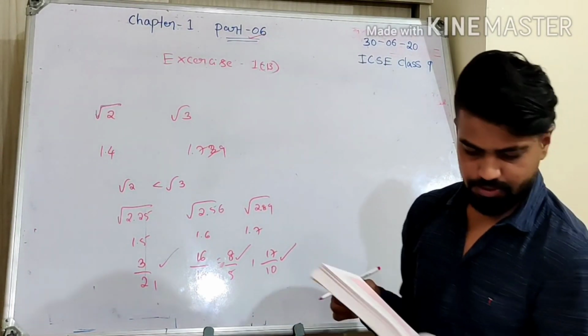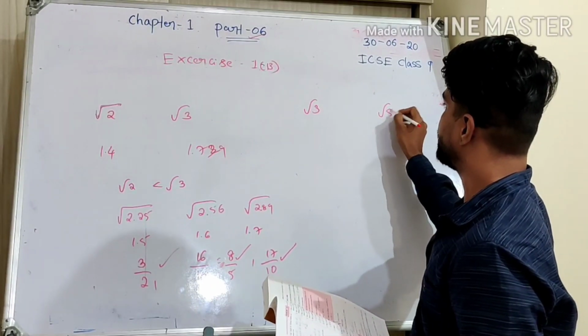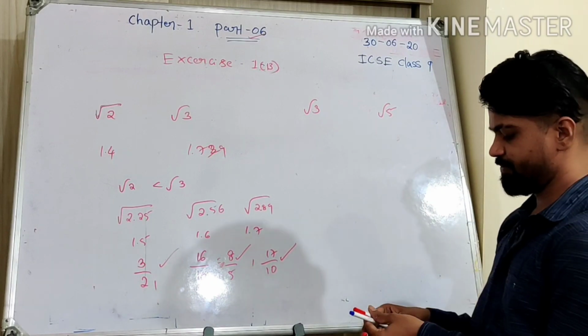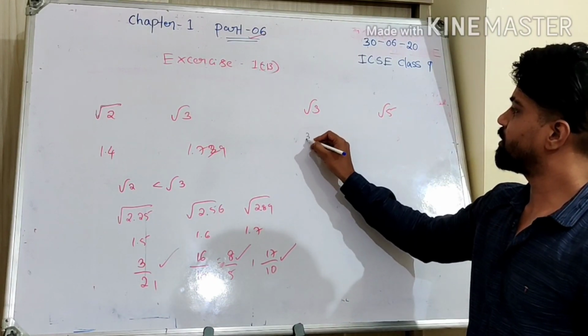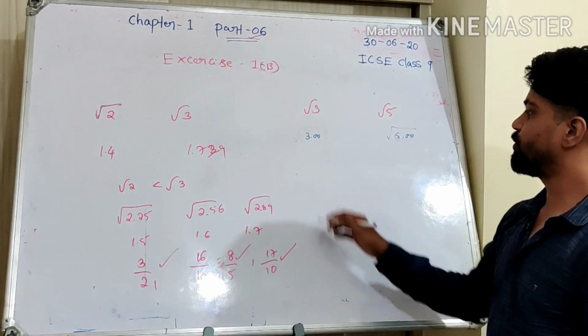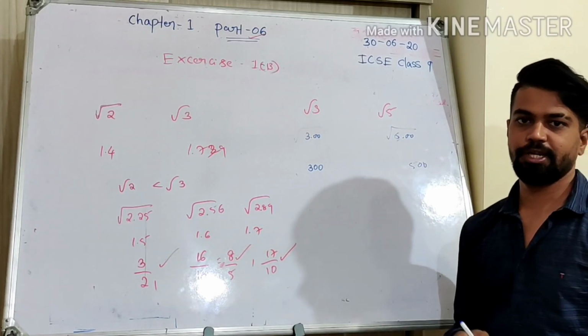19th one. Write 3 rational numbers between root 3 and root 5. Again, we can take it as root of 3.00 and root of 5.00. So we'll assume just 300 and 500. How many perfect squares are there between 300 and 500?